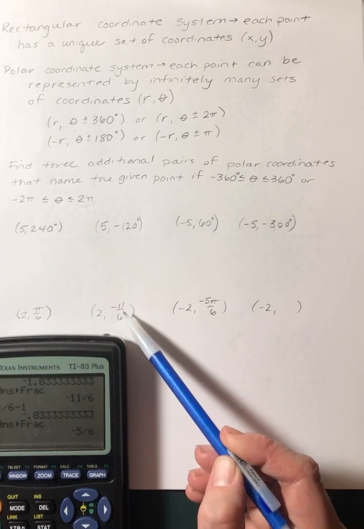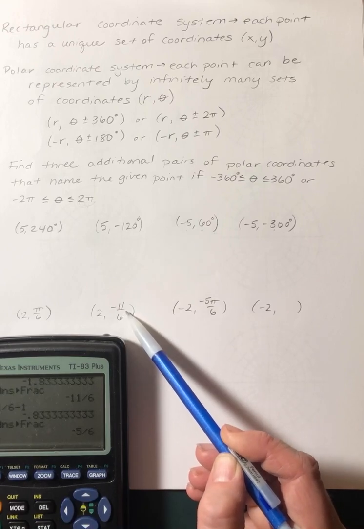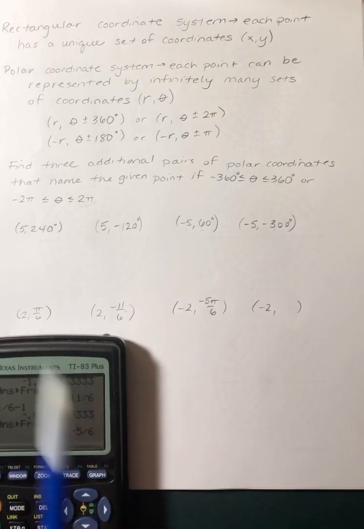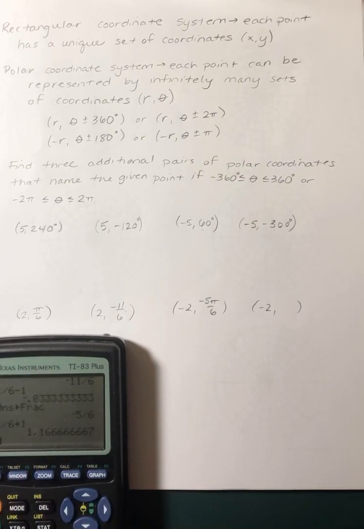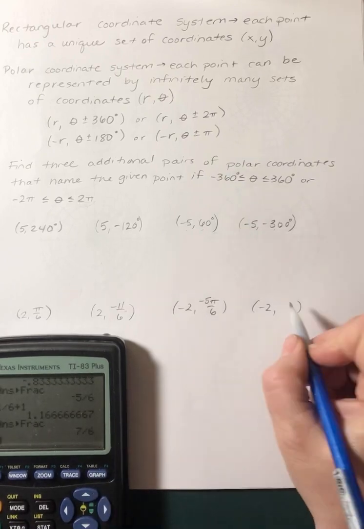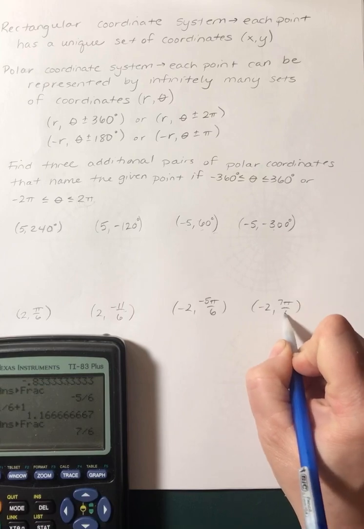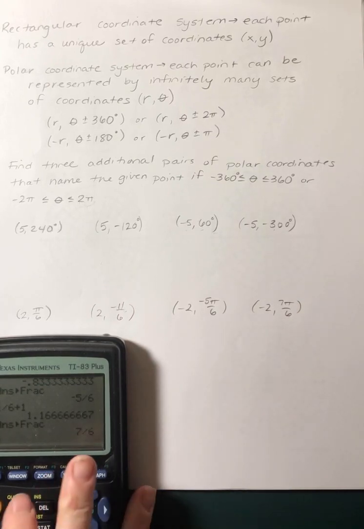And then I'm going to take 1/6 plus 1, and I'm going to get 7 pi sixths. And then I'm going to double check that.